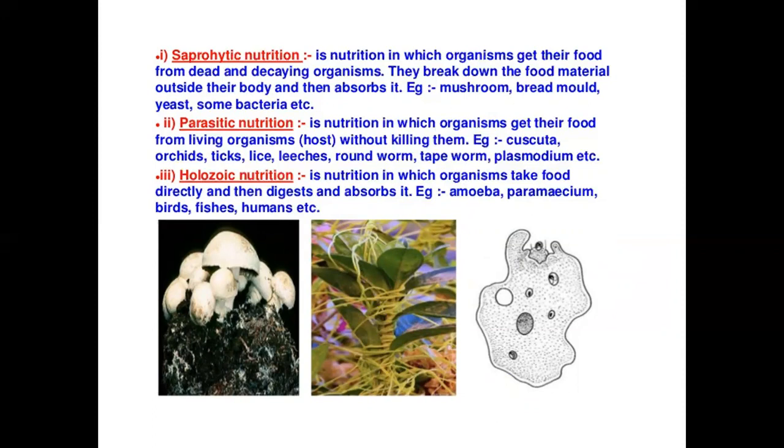So parasites are not only found in animals, there are plant parasites also. Here we have the saprophytic mode of nutrition. This is amoeba, where we can see the holozoic mode of nutrition. Now, in the next video, we'll discuss in detail the autotrophic nutrition and the heterotrophic nutrition.